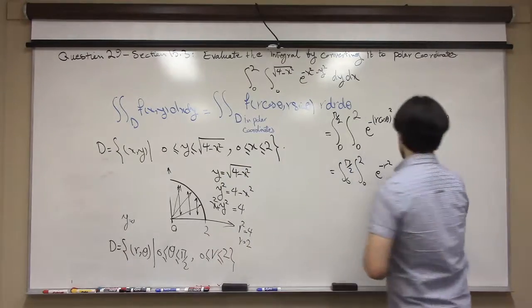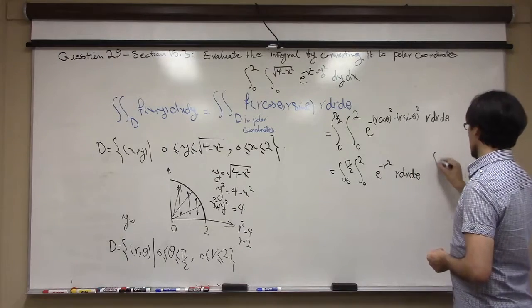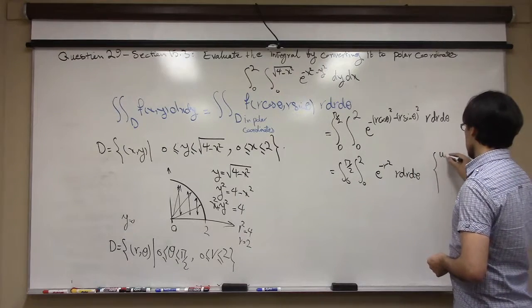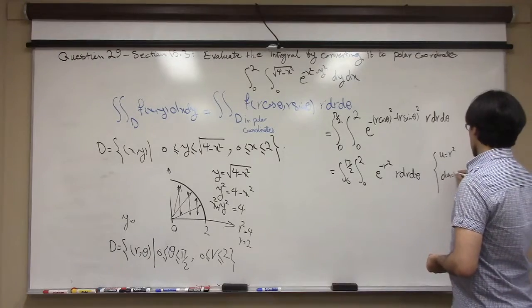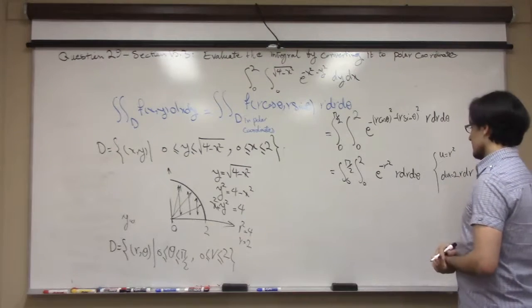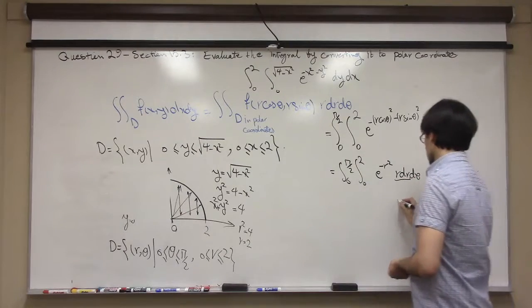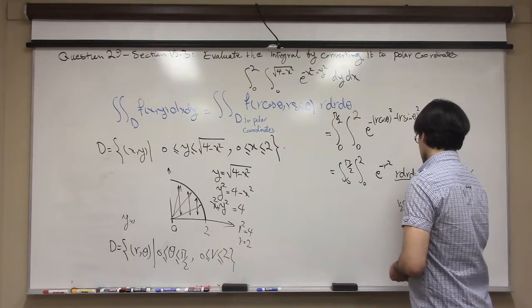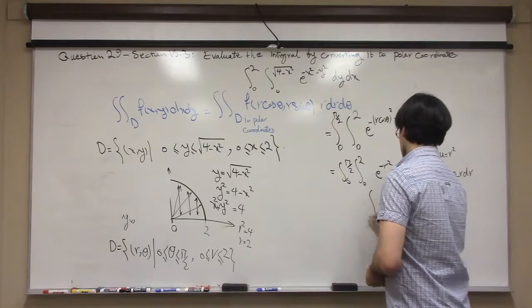Here what you notice is that I have an r squared there. So if I put a new variable u to be r squared, du is going to be 2 r dr. I have r dr here. I can write this as half of du, and this is e to the power negative u.